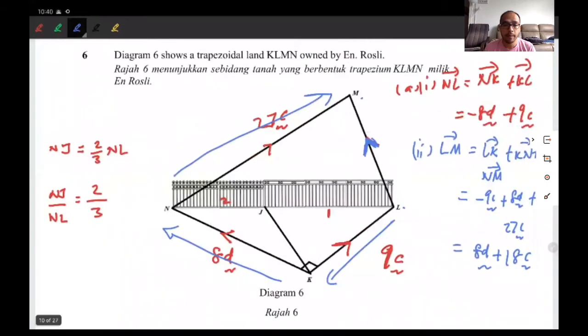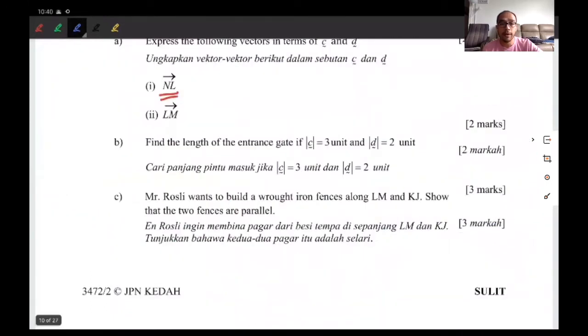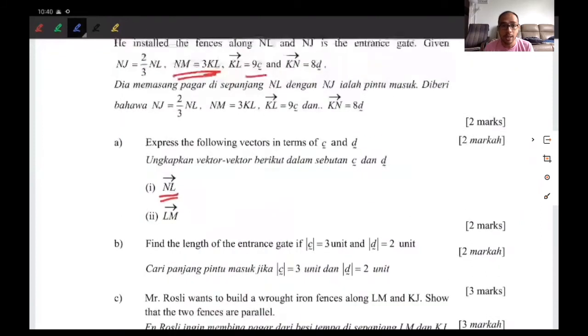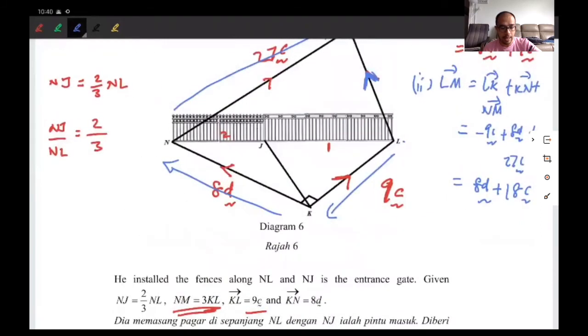Then find the length of the entrance gate if the magnitude of C is 3 units and the magnitude of D is 2 units. The entrance gate is NJ.